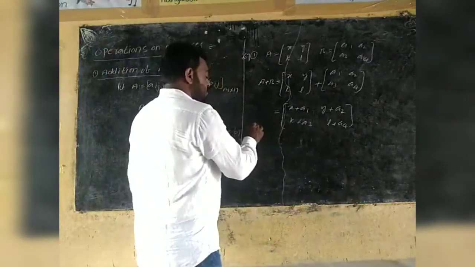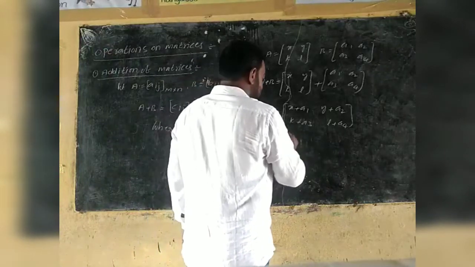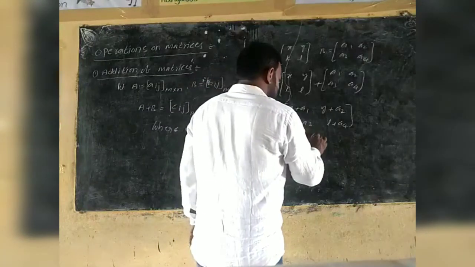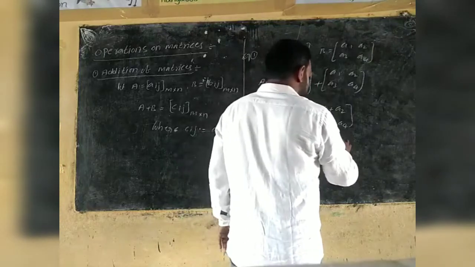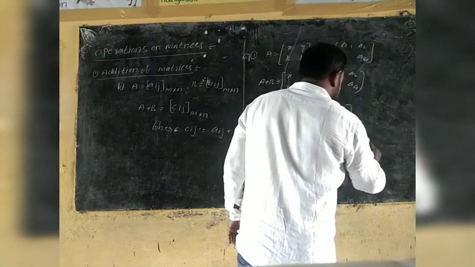One more example you see, example number 2. A equals 5, 6, minus 7, 8. B equals 2, 3, 4, 9.